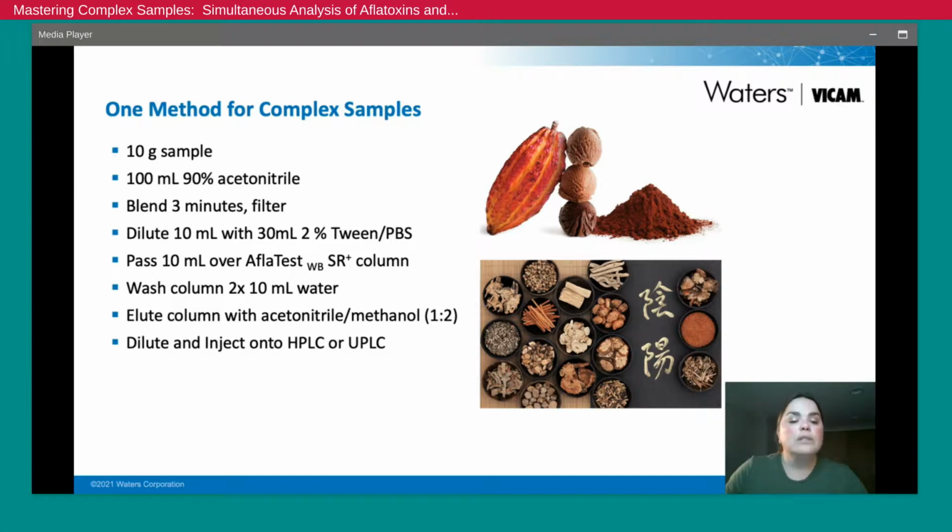The column was then washed with 2 times 10 mils of water, and eluted with acetonitrile methanol at a 1:2 ratio. The extract was then diluted and injected onto the HPLC or UPLC.